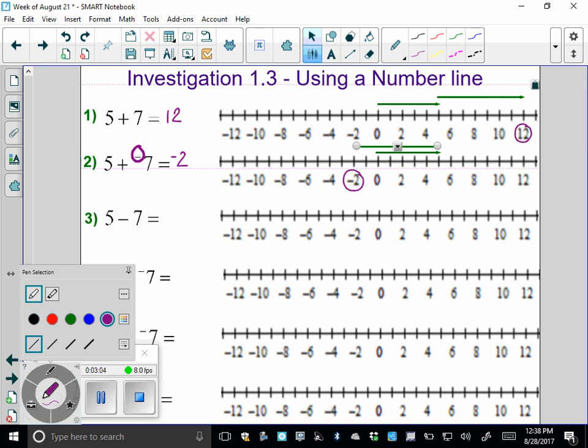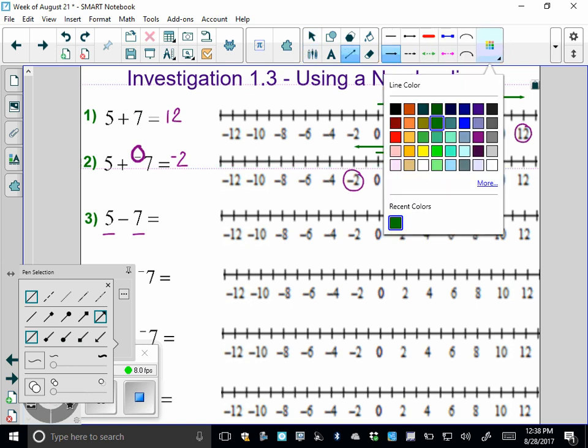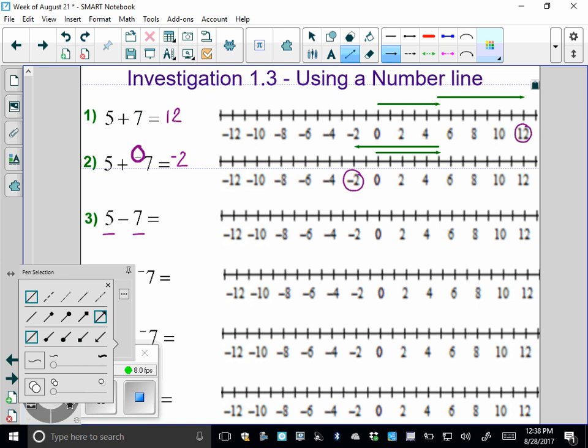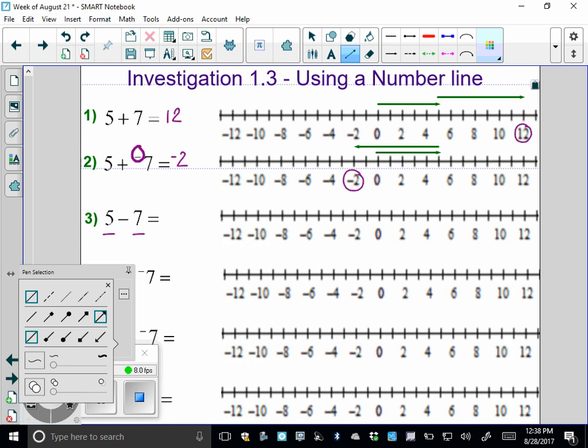So when I look at the third problem, I have 5 take away 7. Again, that's an elementary level problem, but we want to practice these elementary level problems because they help us understand the harder problems. So when I look at this problem, I still start at 0 and go to 5.